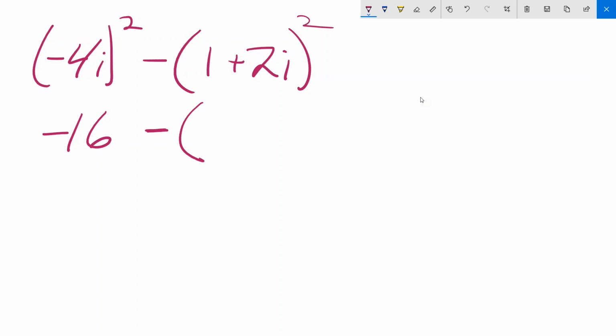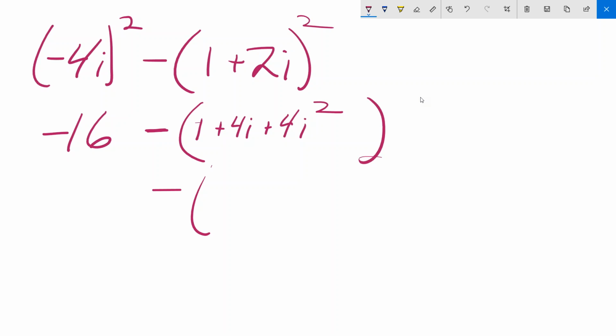Now square this part. 1 plus 2i times 1 plus 2i. You can just do it one part at a time if you want, and I'll write whatever you say. And so that's 1 plus 2i plus 2i plus 4i squared, which is 1 plus 4i minus 4.